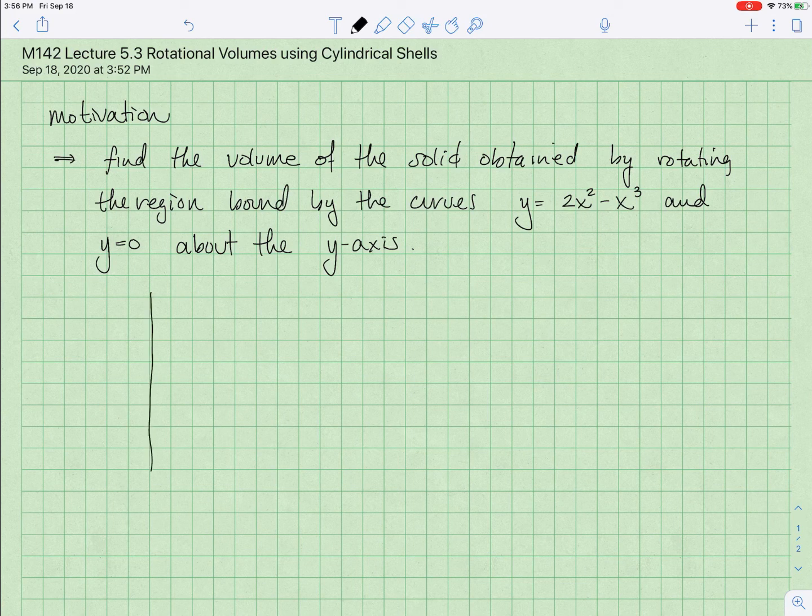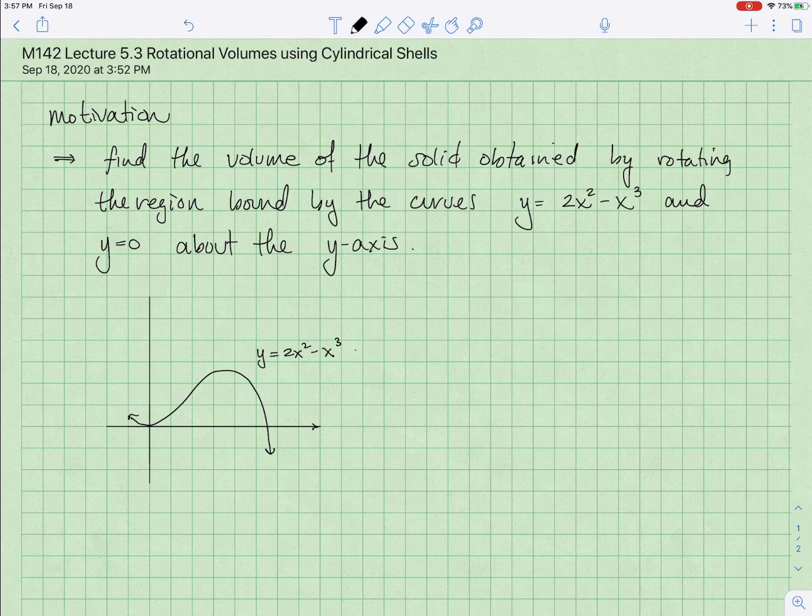So let's take a look at that region and talk about it. Forgive the crudeness of my graph, but it looks something like that. That is y equals 2x squared minus x cubed.